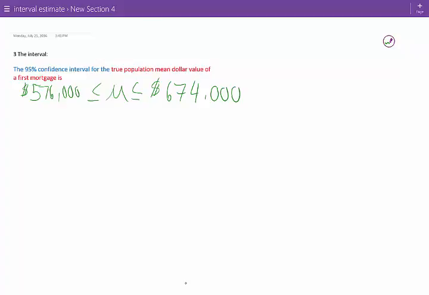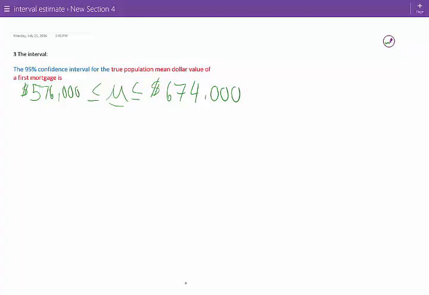So notice the direction of the inequality signs. What we're saying is that our mean is between 576,000 and 674,000. And to be doubly sure that I said population parameter, I said it in words, true population mean, and I put the symbol down, mu. So we're covered.